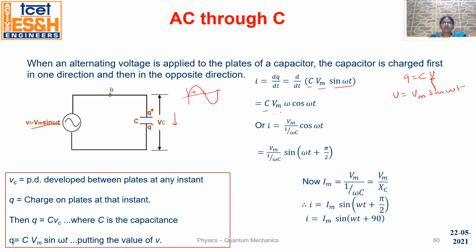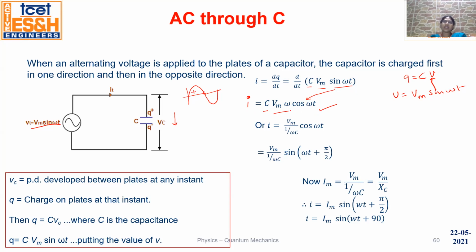After differentiation we get C Vm omega cos omega t. This is our equation, so this is I.